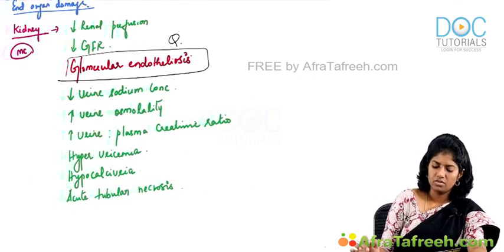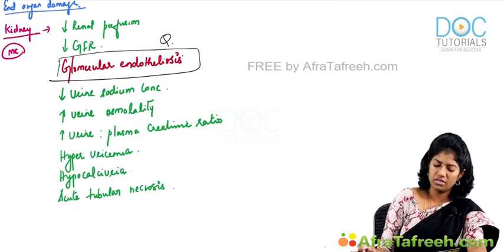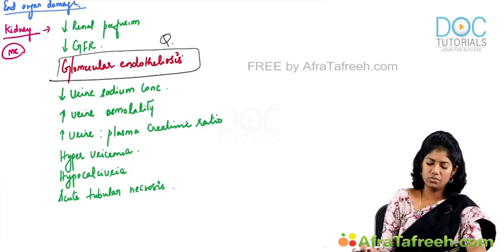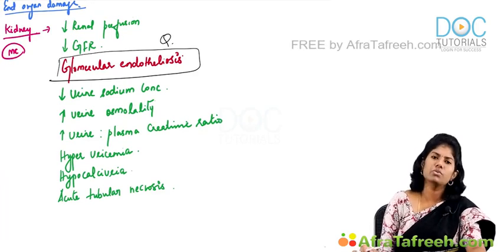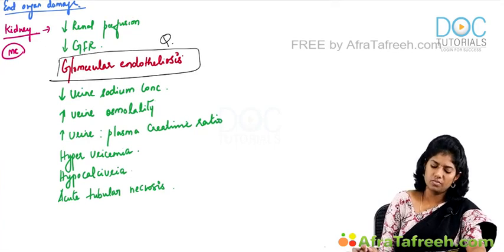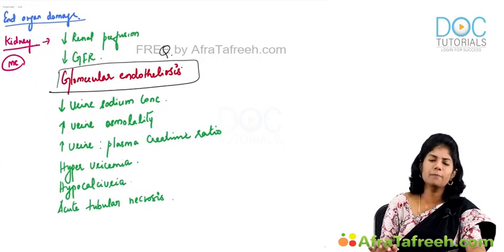So decreased renal perfusion, decreased GFR, glomerular endotheliosis, decreased urine sodium concentration, increased urine osmolality, increased urine plasma creatinine ratio, hyperuricemia, hypocalciuria and acute tubular necrosis. These are the changes in the kidney.